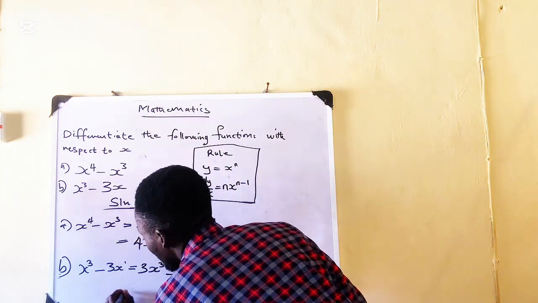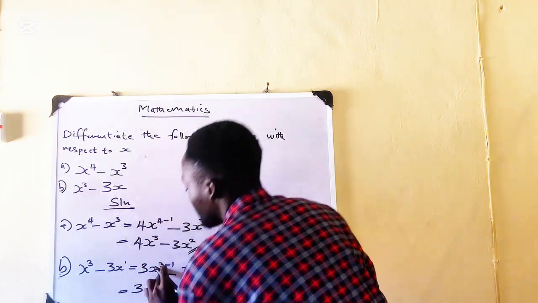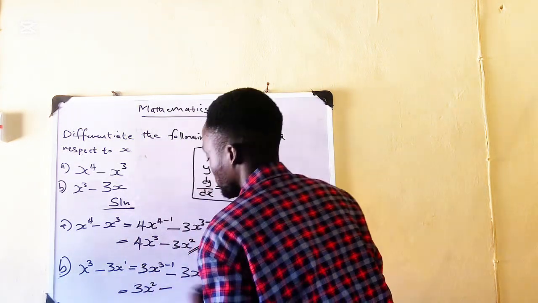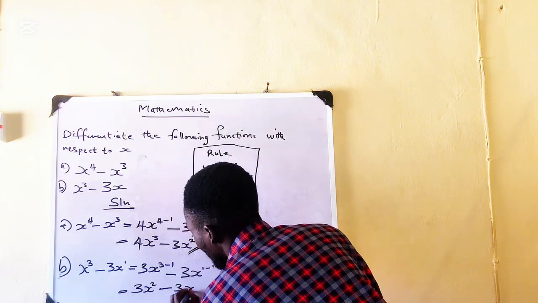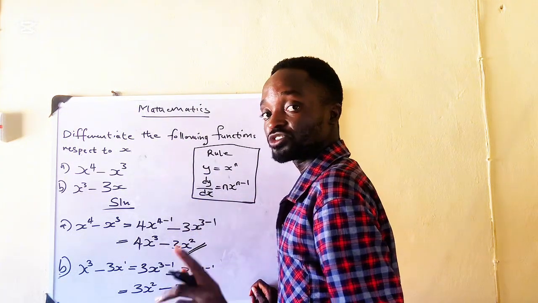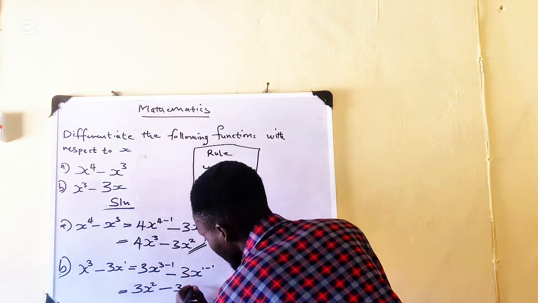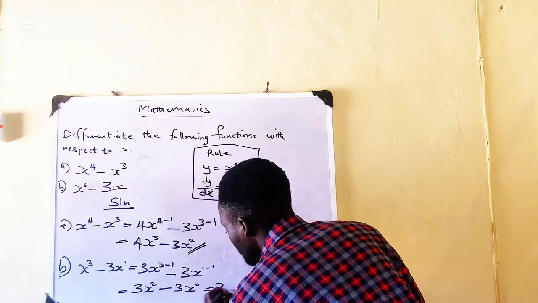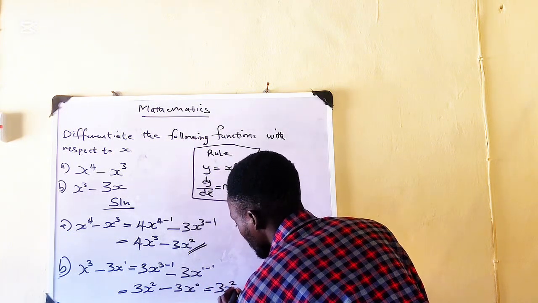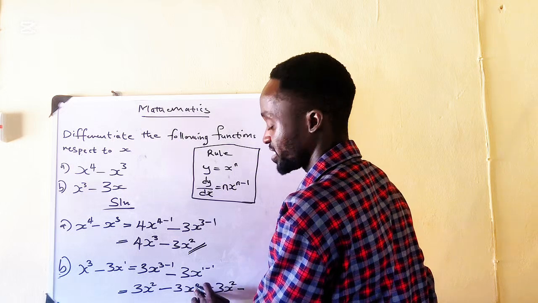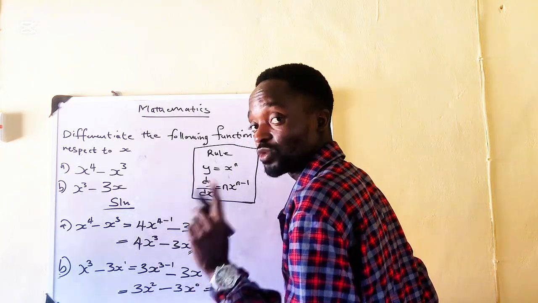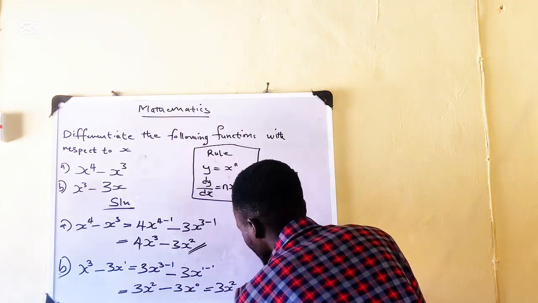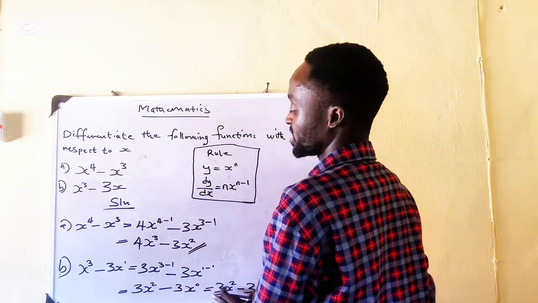So this will now become 3 minus 1, that is 2, so 3x squared minus 3x to the power of 1 minus 1, which is 0. Anytime you have something raised to the power of 0, the answer is always 1. So x raised to the power of 0 becomes 1, and 1 times 3 is 3. So 3x squared minus 3 is our final answer for this one.